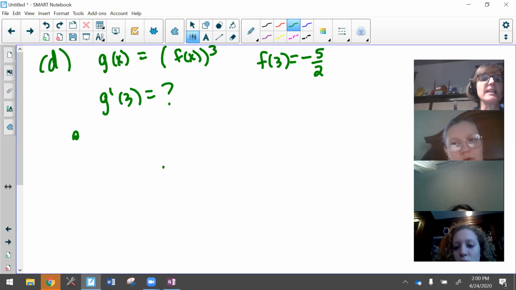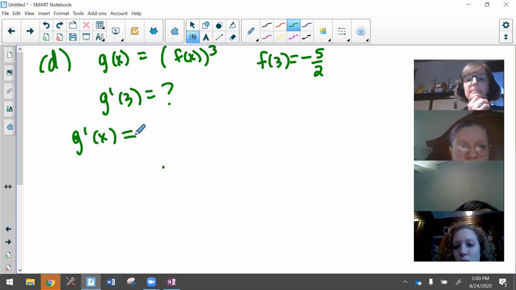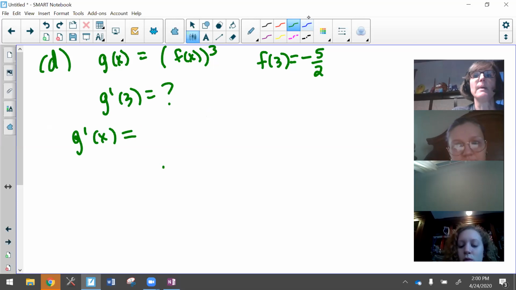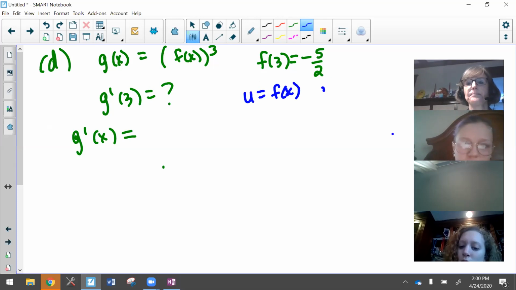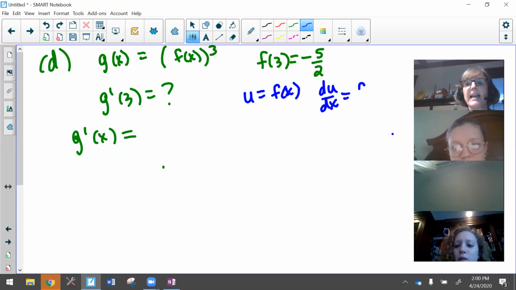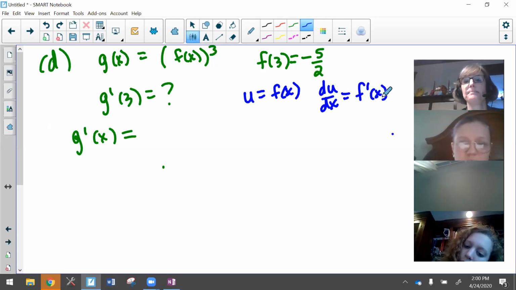So the first thing that I need to find is g prime. But you might want to look at it as u is equal to f of x, du dx is equal to f prime of x.